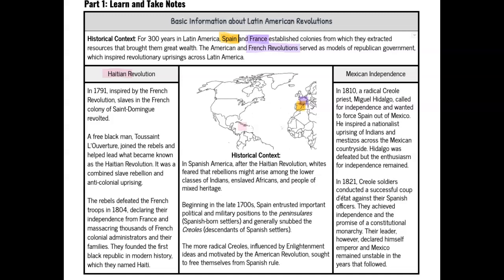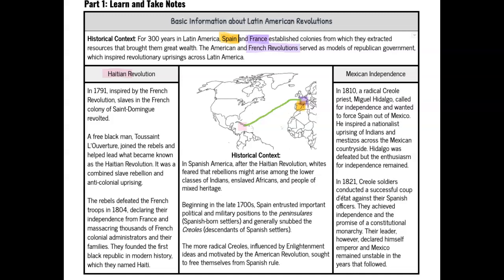So with your third color, color Haiti, and please feel free to look up a different map to get the right part of the island colored. Haiti was formerly a French colony. So with my regular pencil, I'm going to go ahead and draw a line from France to Haiti to make that connection.